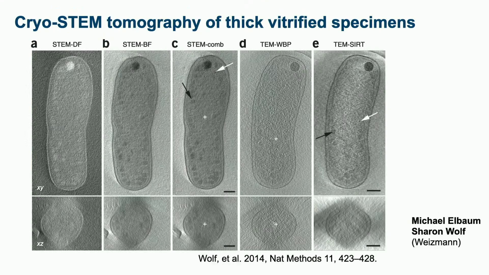Then there is a whole other area of cellular STEM, and this is work also on cryo electron microscopy. This was work that was first established, I think, by Michael Elbaum and Sharon Wolf at the Weizmann Institute. What they do is they don't worry about thinning, they just freeze an entire bacterium in this case, but later on they showed this for cells too.